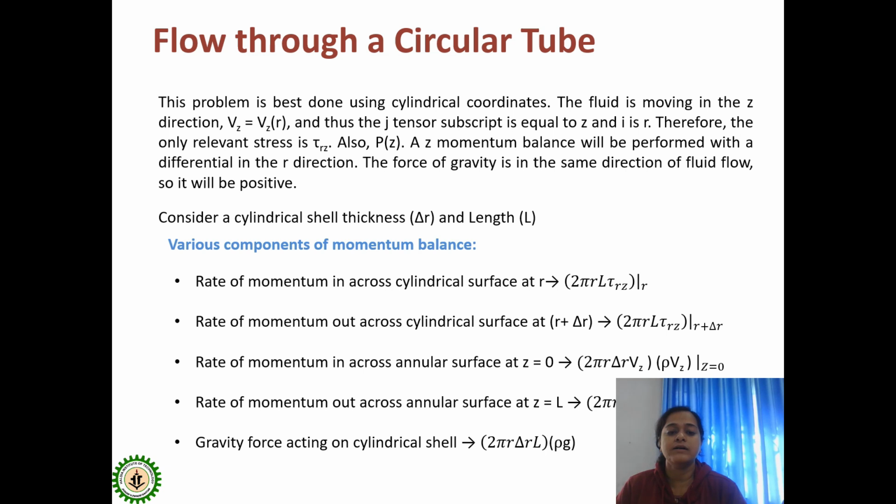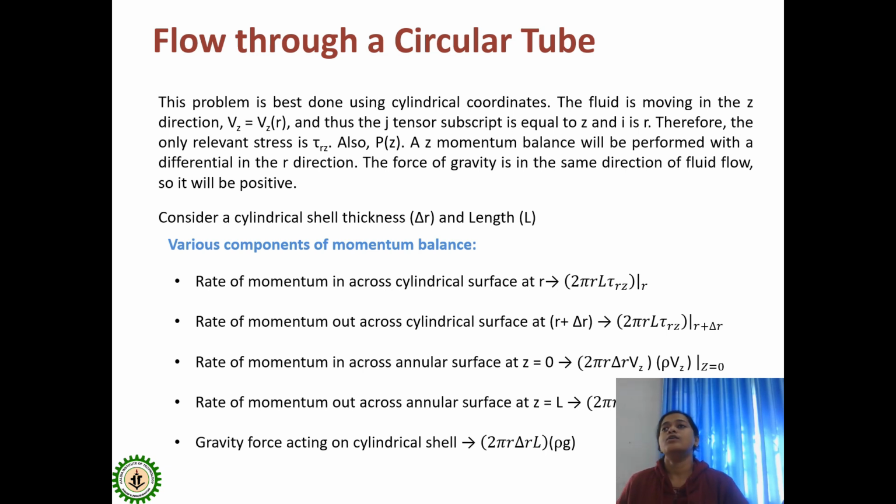The rate of momentum transport in across the annular surface at z equals 0 is 2 pi r delta r Vz rho Vz at z equals 0. Similarly, the rate of momentum out across the annular surface at z equals L is 2 pi r delta r Vz rho Vz at z equals L.